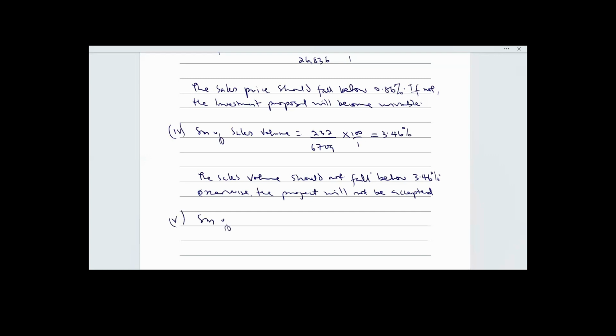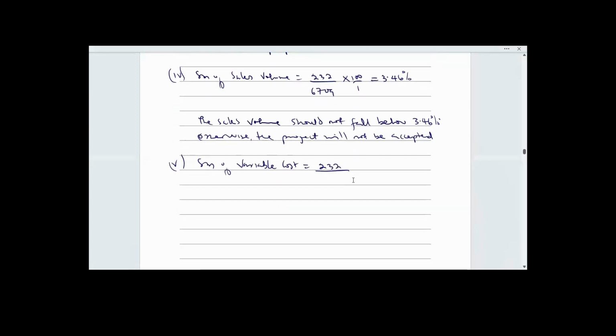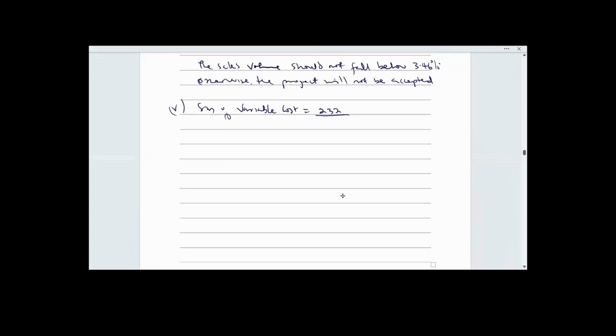Then number 5, sensitivity margin of variable cost, which is NPV of 232 divided by the PV of variable cost. Again, we don't have PV of variable cost in our calculation, so we need to go and do working for PV of variable cost.